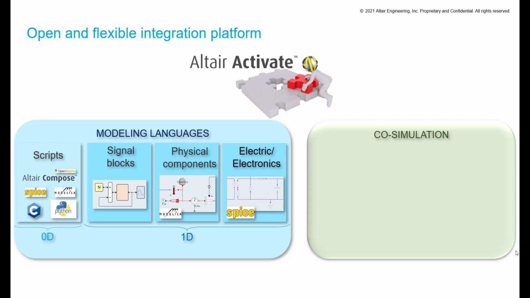So this would be utilizing signal blocks for the connection of signals between blocks, creation of a signal, using those values entering as input into another block, output another value, and so forth. Also physical component modeling using Modelica, and electric and electronics using our set of SPICE blocks as well.